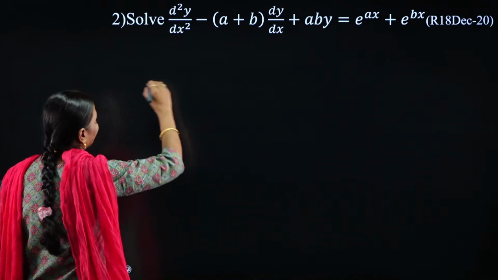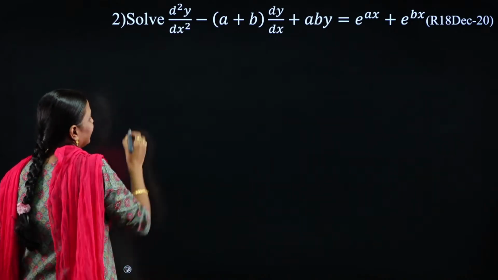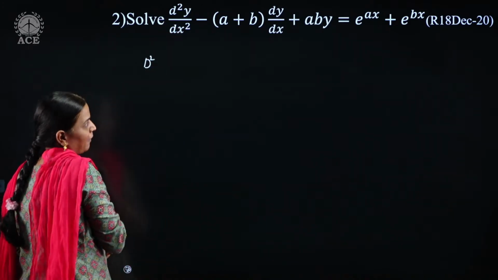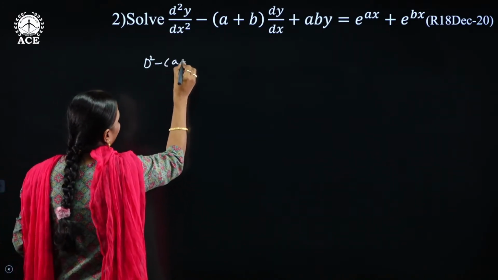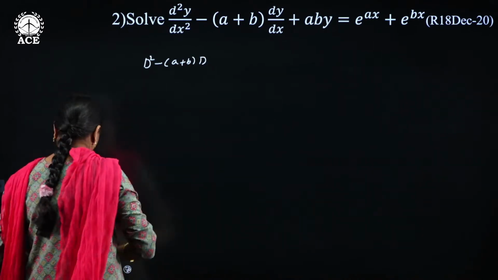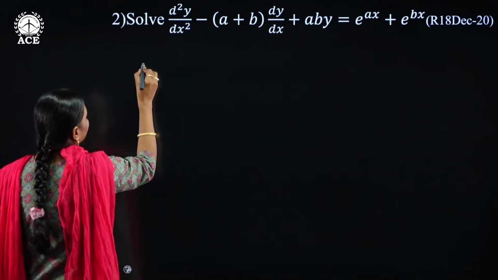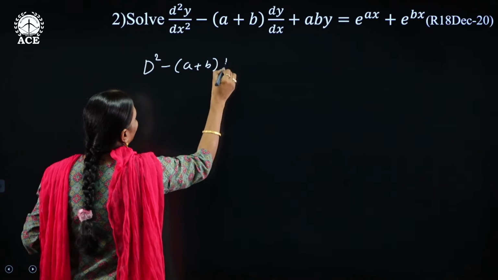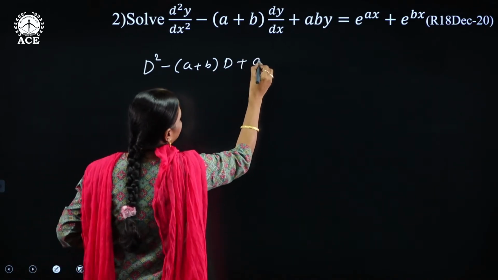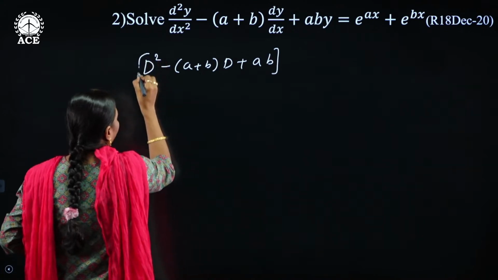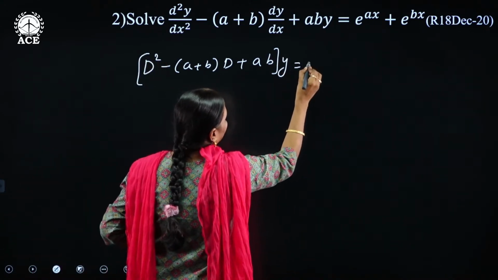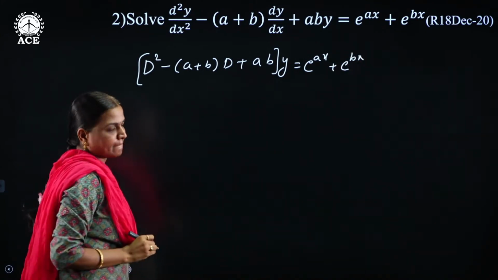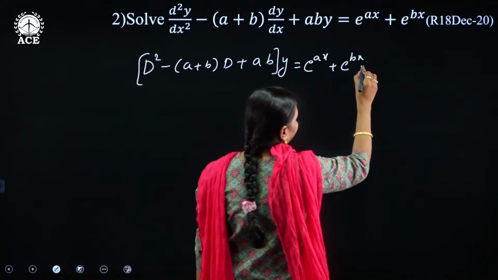So d square y by dx square can be written as capital D square, minus (a plus b) into capital D, plus ab, totally operating on y, is equal to e power ax plus e power bx. Okay, so consider this equation 1.